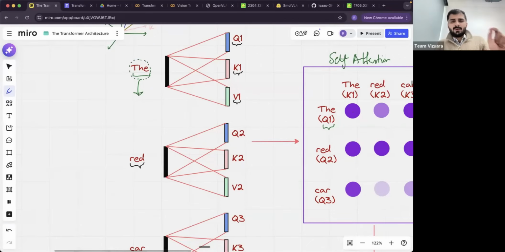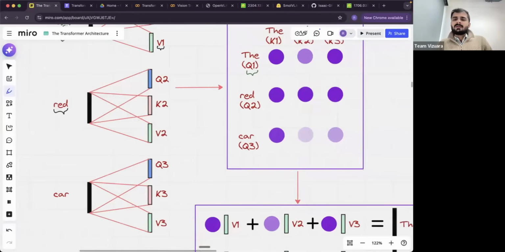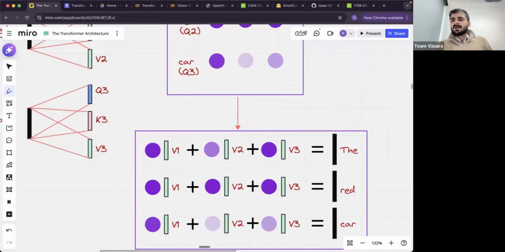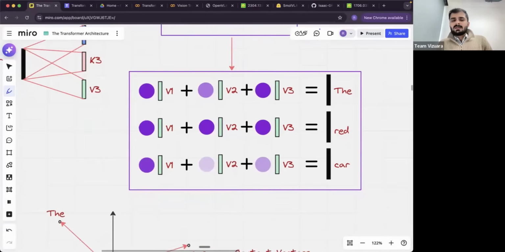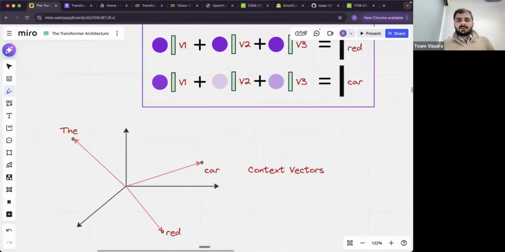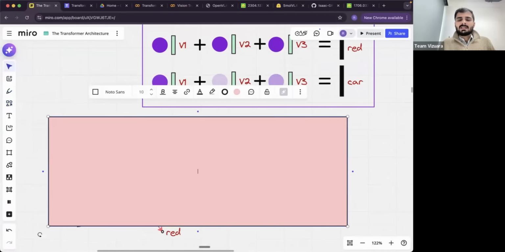You calculate the scores, then you multiply each value for each token with that score, you add up those products, and you transform yourself to a vector which is called the context vector. So finally you get these three context vectors at the end of this layer.